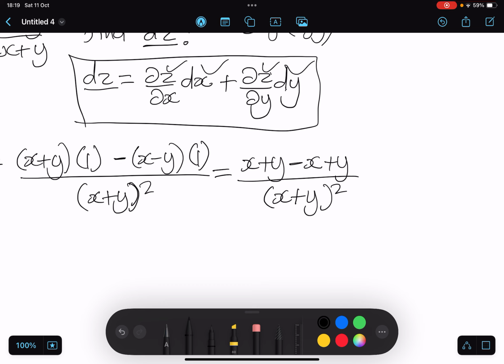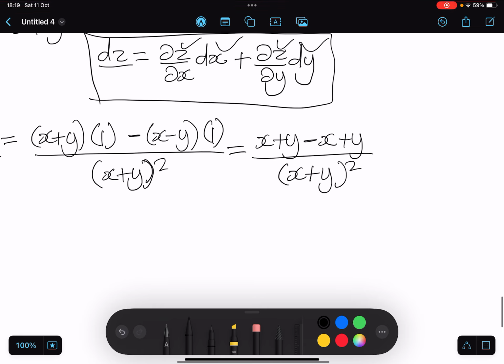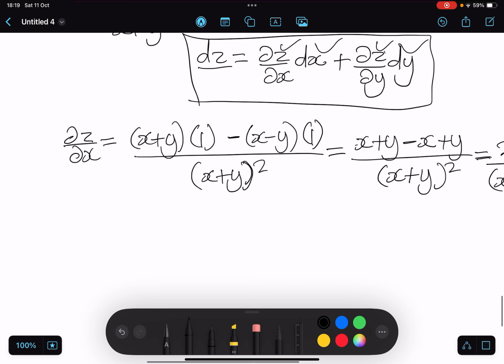Obviously we need to simplify dz/dx. We need to simplify the numerator. If we simplify the numerator, what do we get? x minus x is 0, y plus y is 2y. We get 2y over (x + y) squared. So that is our dz/dx.